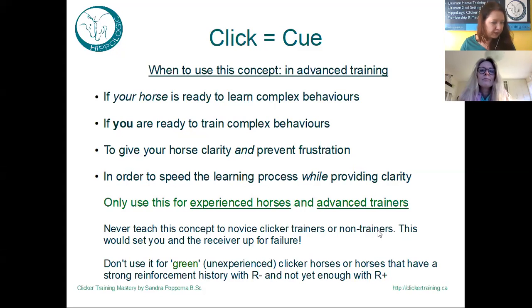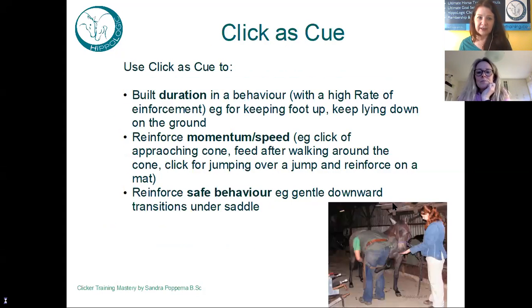So this is when you use it for experience, and this is why I teach it in the mastery course and don't emphasize it sooner. So what can you use it for? You can use click SQ to build duration in a behavior with a high rate of reinforcement. For instance, in this picture, which I asked my friend to take, Kira was, I think, 8 weeks out of the nature reserve.